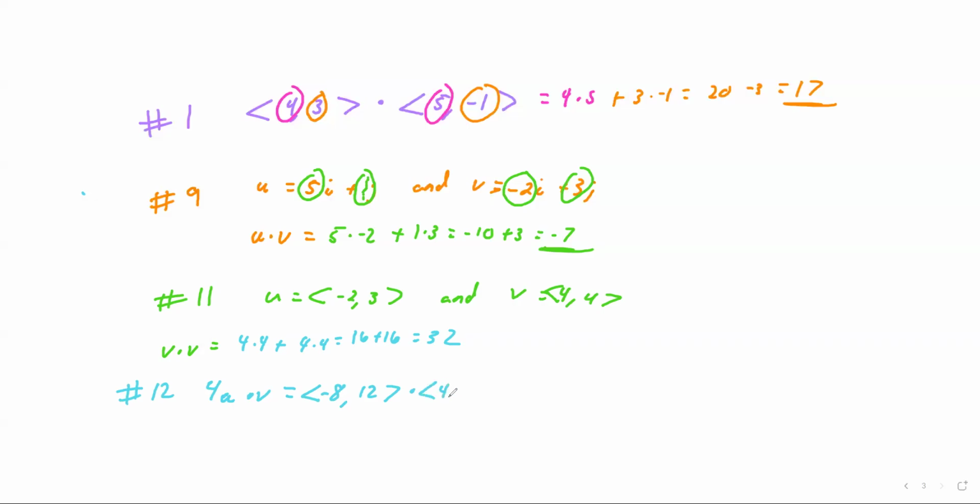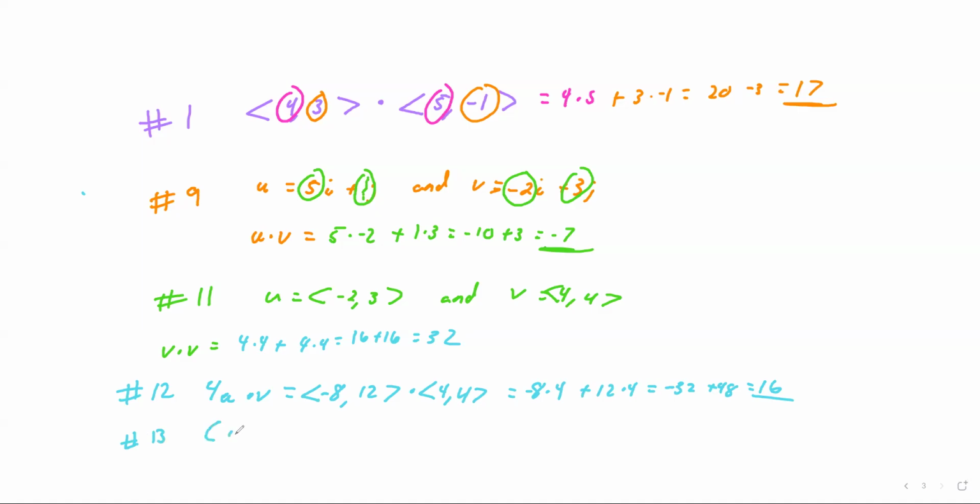Now I'm going to multiply that to v, which is 4, 4. So now that gives me -8 times 4 plus 12 times 4. So that's going to be -32 plus 48, which looks to be like 16. Right. Let's do another one. Let's look at number 13.